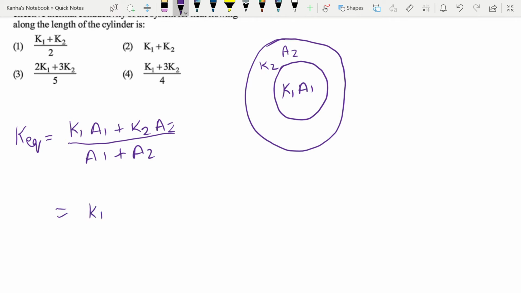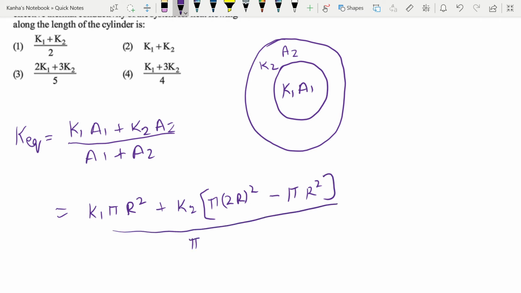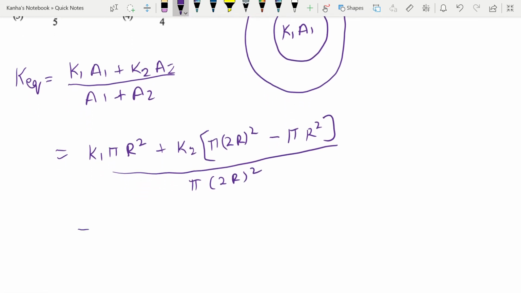I can write K1 into pi r square plus K2 into pi into 2r square minus pi into r square, divided by the sum of the two areas, so pi into 2r square. This gives me the answer as K1 plus 3K2 divided by 4.